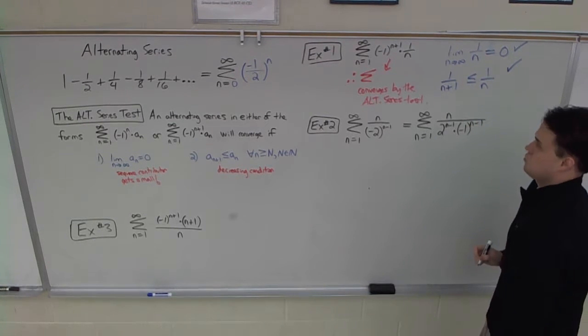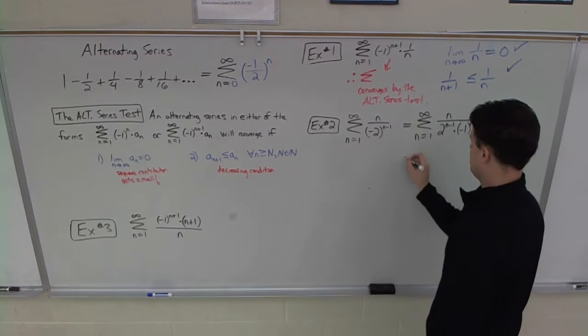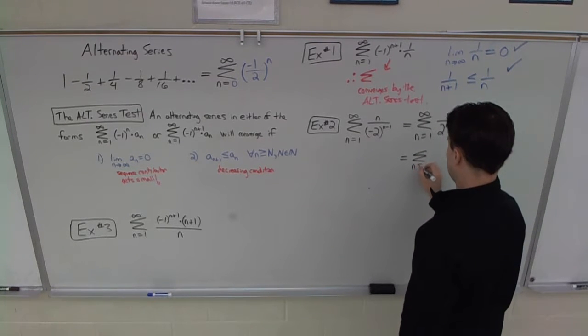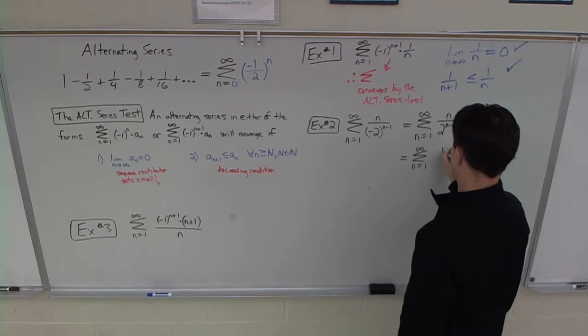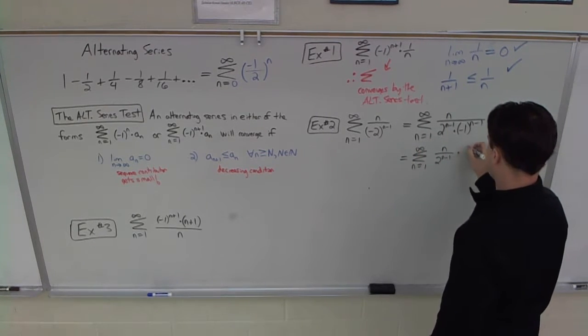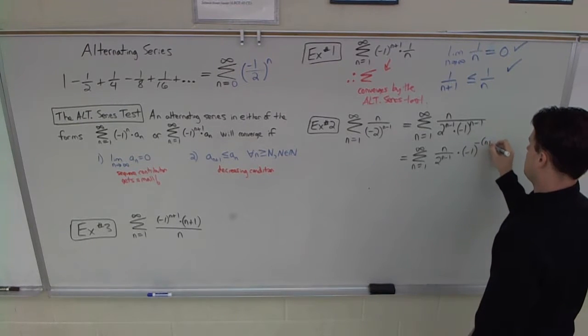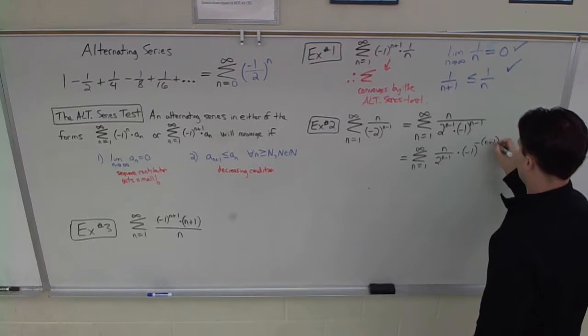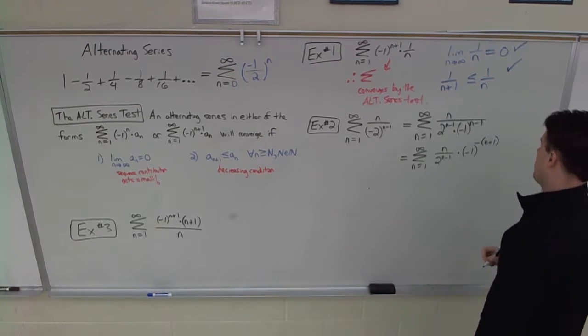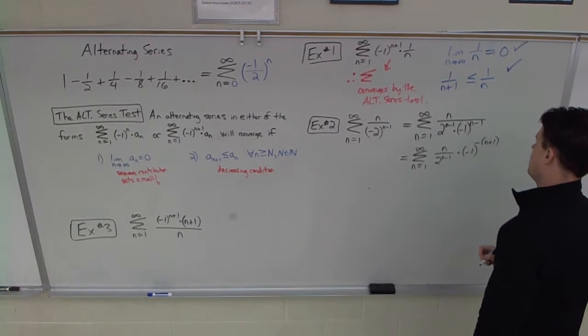So that's going to be the sum from 1 to infinity of n over 2 to the n minus 1, times negative 1. This is on the bottom, so I could write it like this. If I factor that out, it's going to be that.